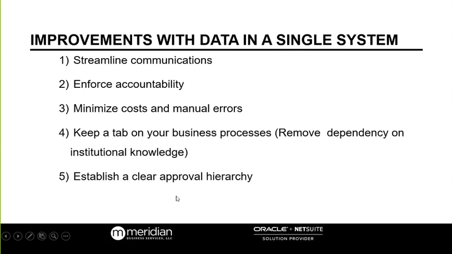So if sales orders need approval over a certain level, that approval hierarchy naturally flows from the CRM right into the accounting side and the fulfillment side, and there isn't a break in that approval of those sales orders or having to do it in an outside system.